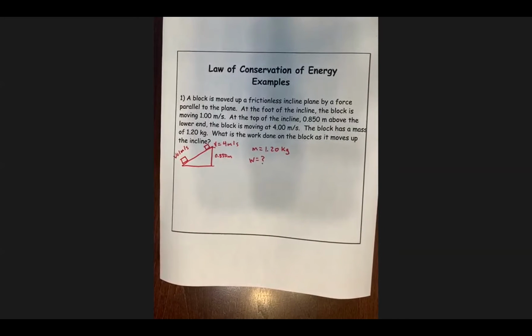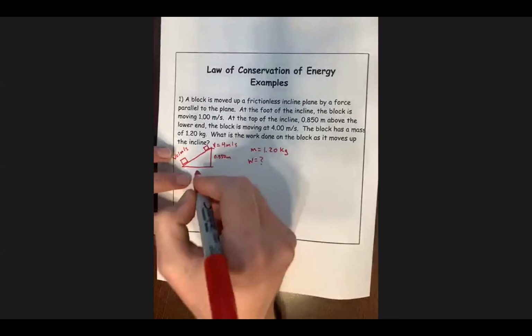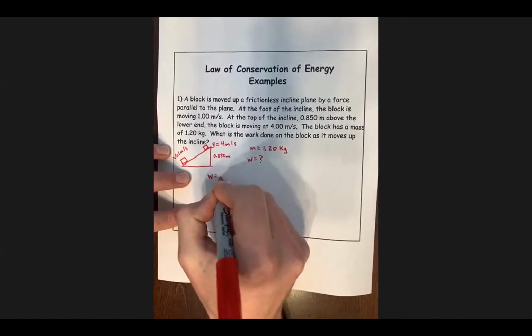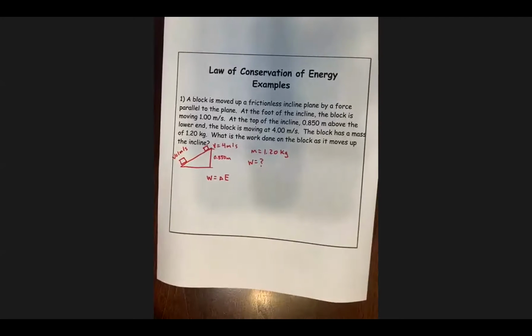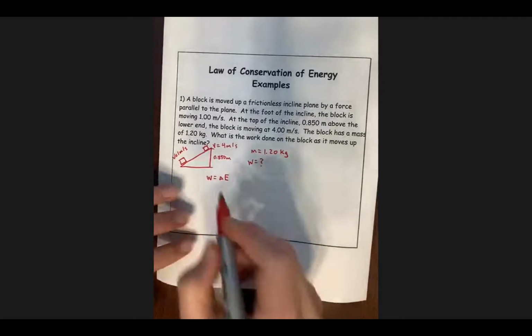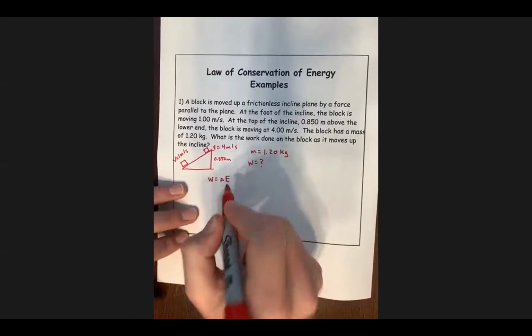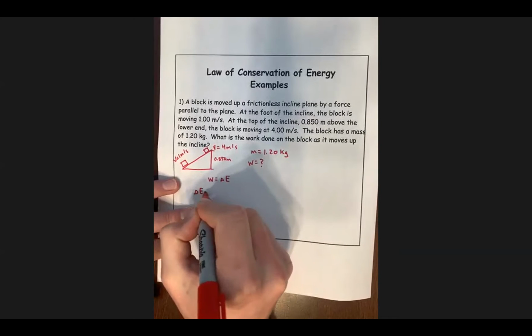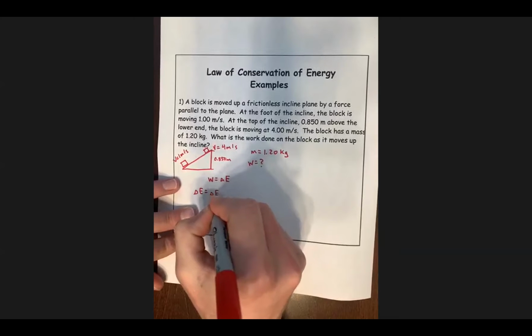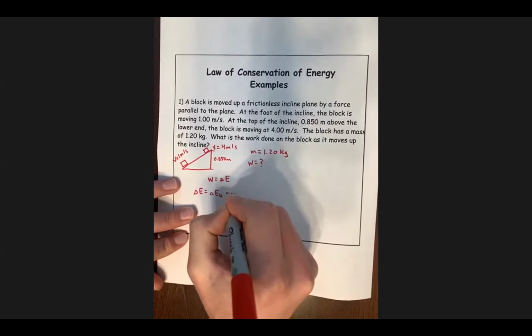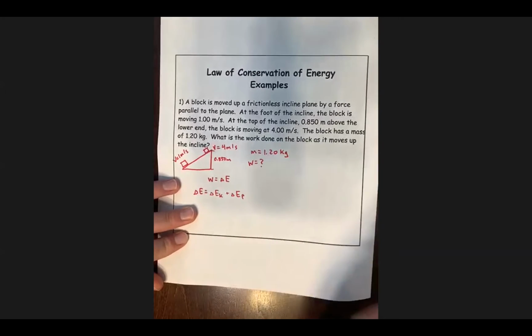On our formula sheets, we will find that work done is equal to the change in energy. We need to expand this. Change in energy is equal to the change in kinetic energy plus the change in potential energy.